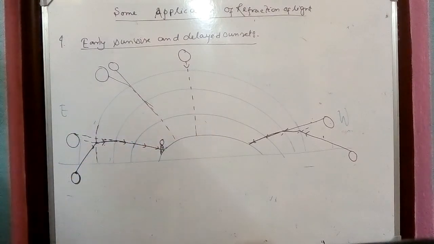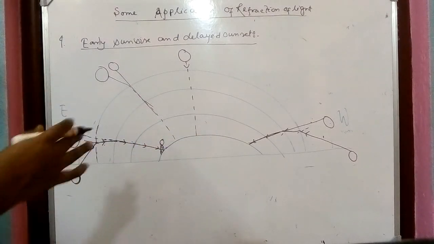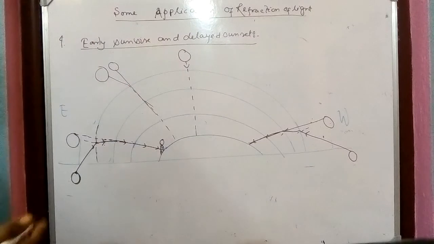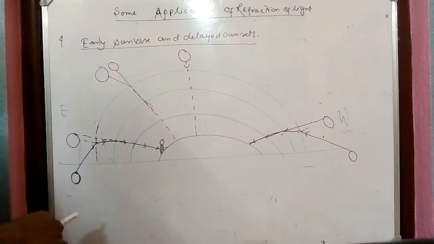The sun has already gone below the horizon, but according to us it is above the horizon. So we can see the sun in the evening even though it has actually gone below the horizon, due to the application of refraction of light.